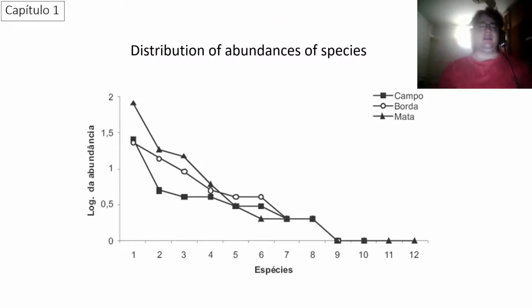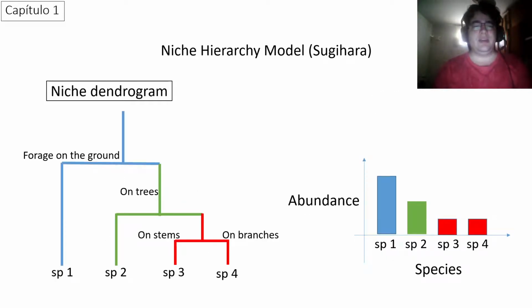So we already know the distribution of abundances of species, that is, that few species are highly abundant and then others are less abundant. And there are theories such as the niche hierarchy model that say that species arrive and they divide themselves, for example, the first species arrive and forage on the ground, then other species arrive and forage on trees, and then other species arrive and forage on stems or on branches.